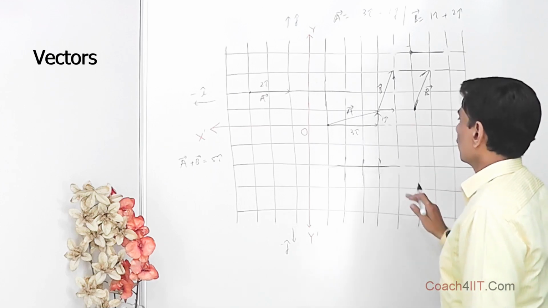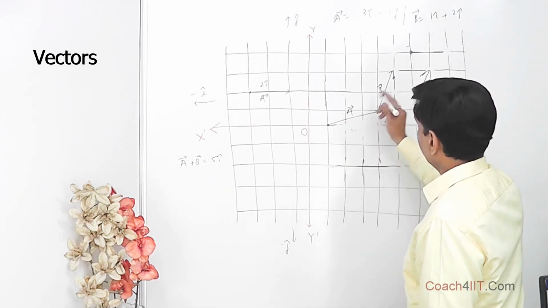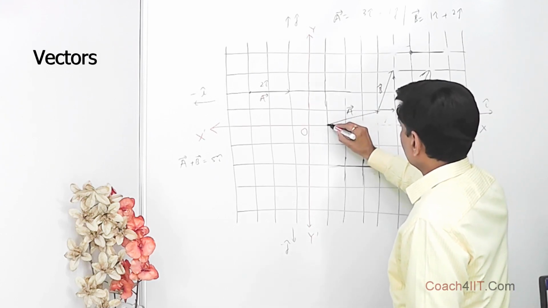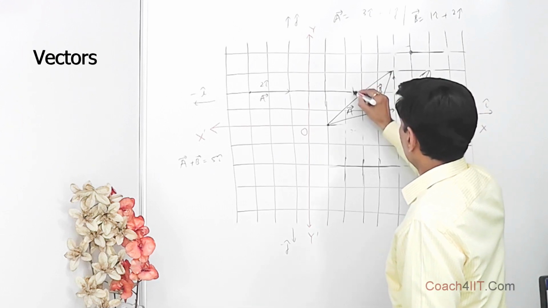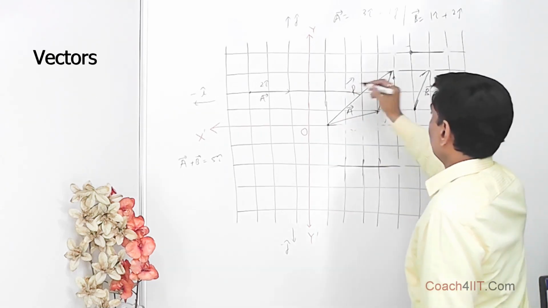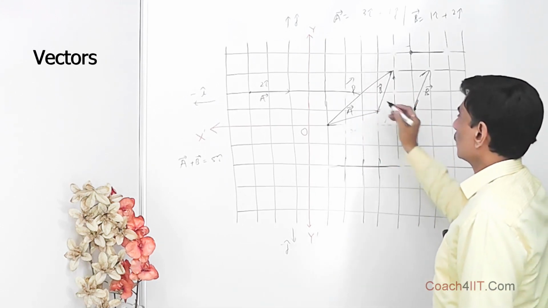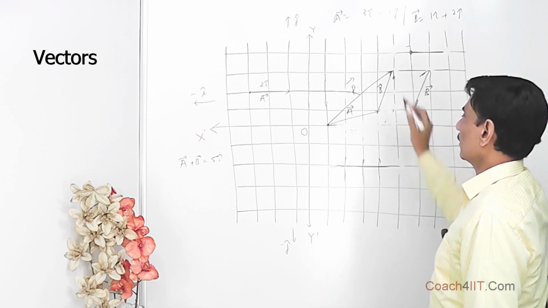Now we have to find the resultant of these two vectors, A and B. The resultant is from the tail of the first to the head of the second. So this is going to be the resultant vector, A plus B, and once again this can be broken along the x-axis and along the y-axis.